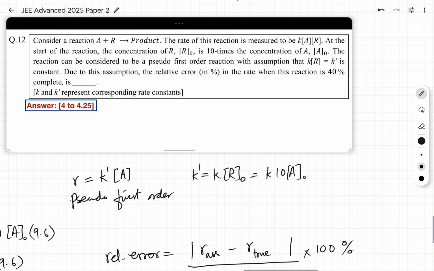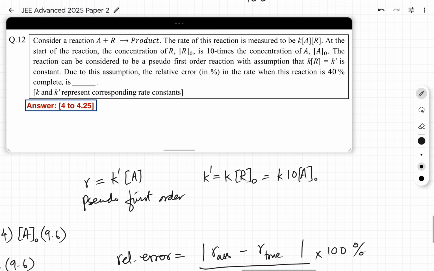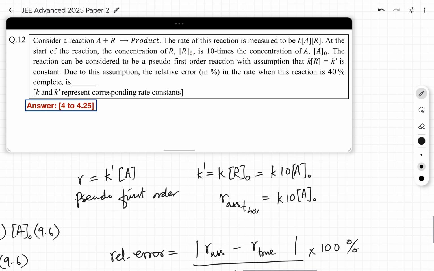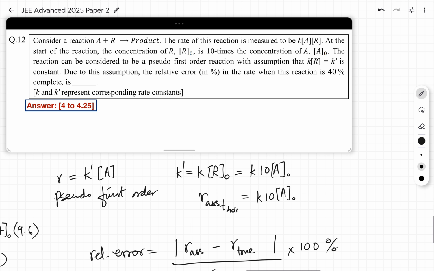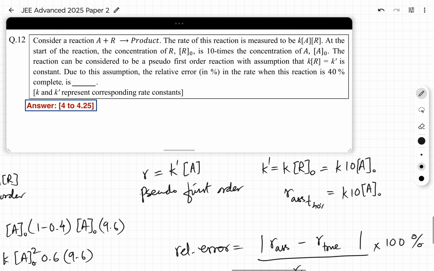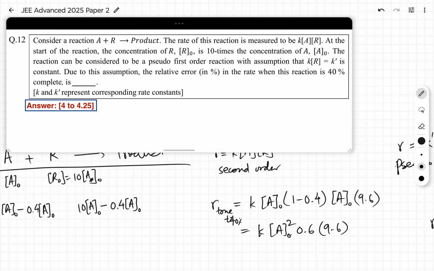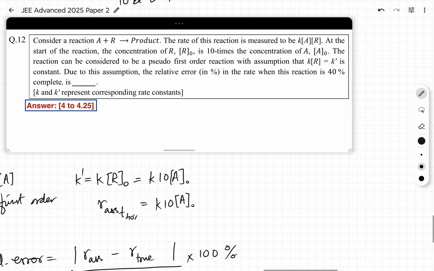So the assumed rate at t 40% will be K times 10 A naught times the concentration of A at 40% completion of the reaction, which is the same, A naught times 0.6.